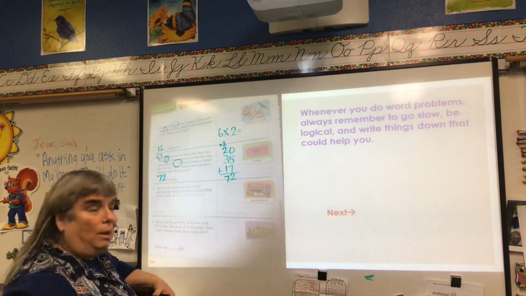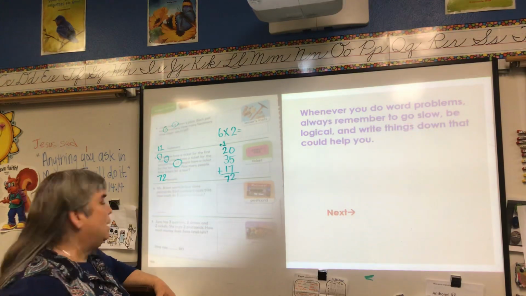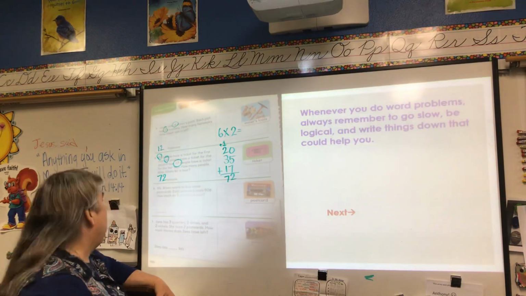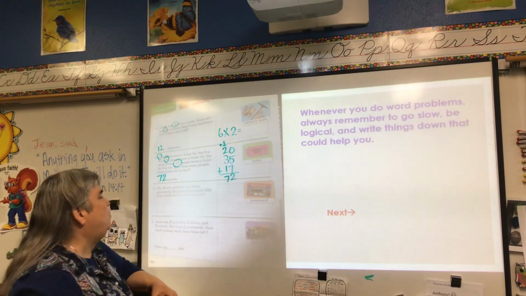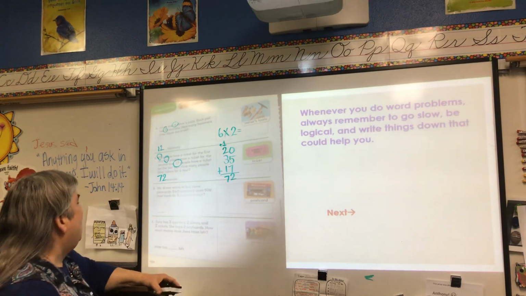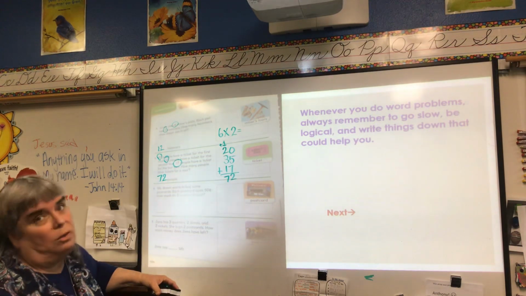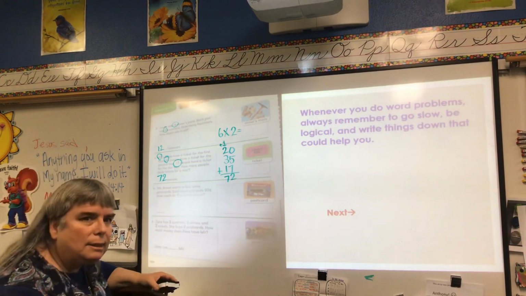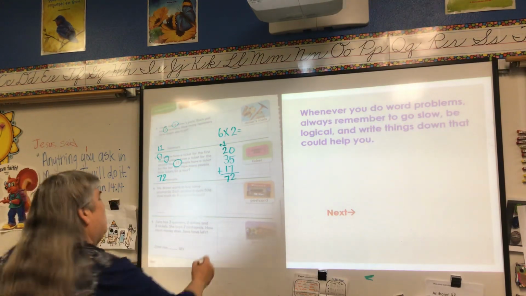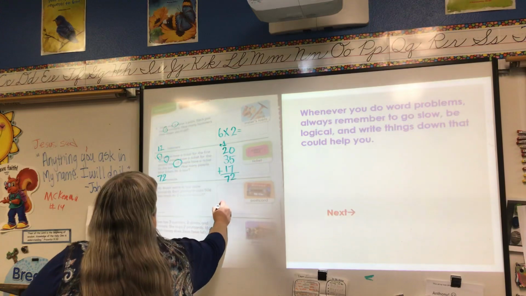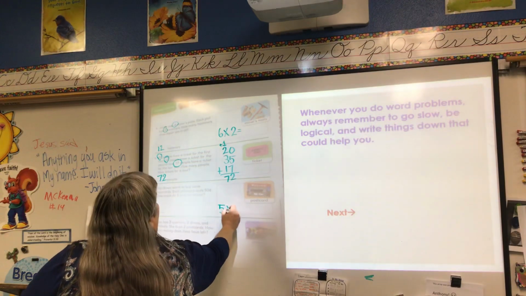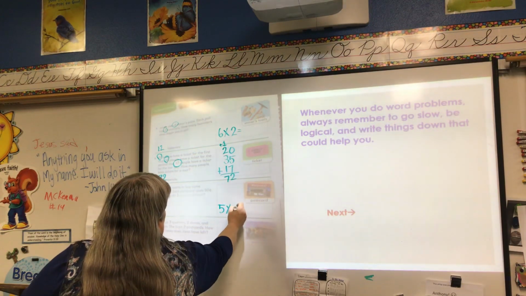Okay, Ms. Brown wants to buy some postcards. Each postcard costs 50 cents. How much do 5 postcards cost? Really, this is a multiplication problem, because you can say there are 5 postcards and each one costs 50 cents.